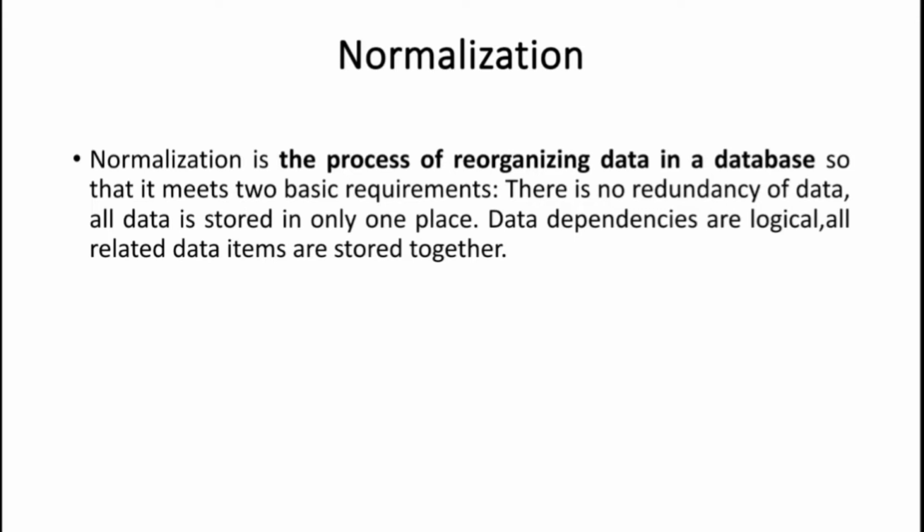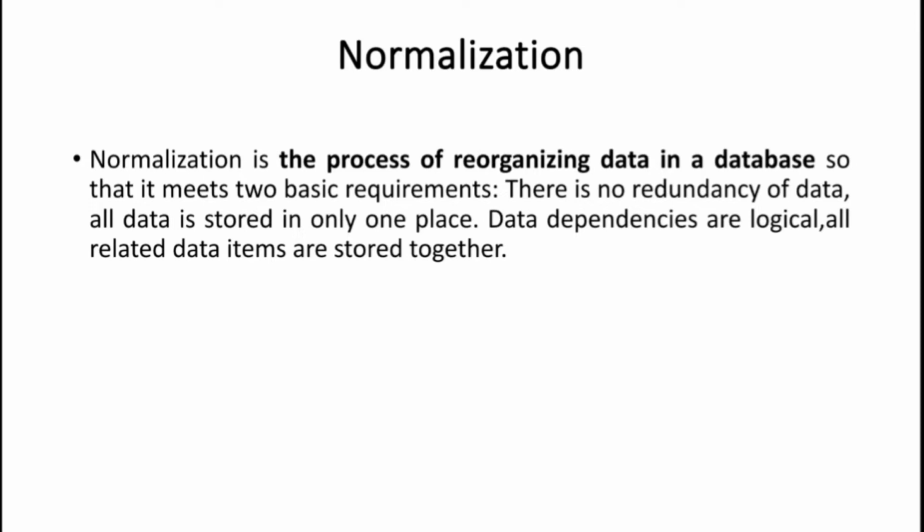The same data in the accounts department can be used by other departments. No need to store the same data in other departments like the transport department. Instead of storing the data in the accounts department and the transport department, you can store the data in only one place, and the other department can refer to the data. So redundancy should be avoided.